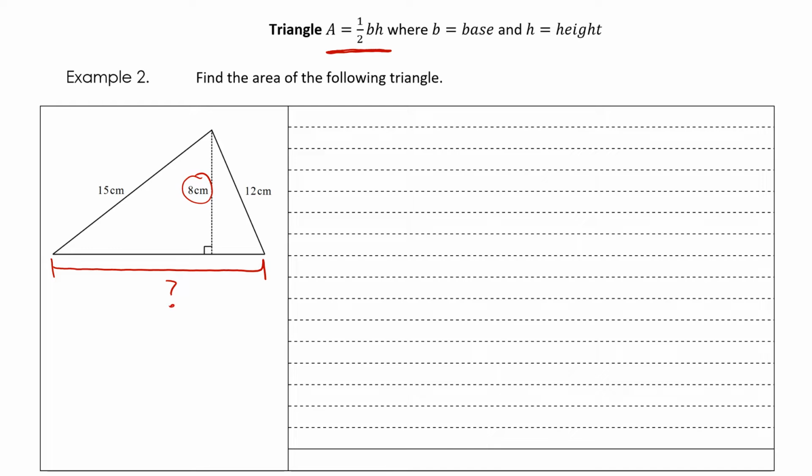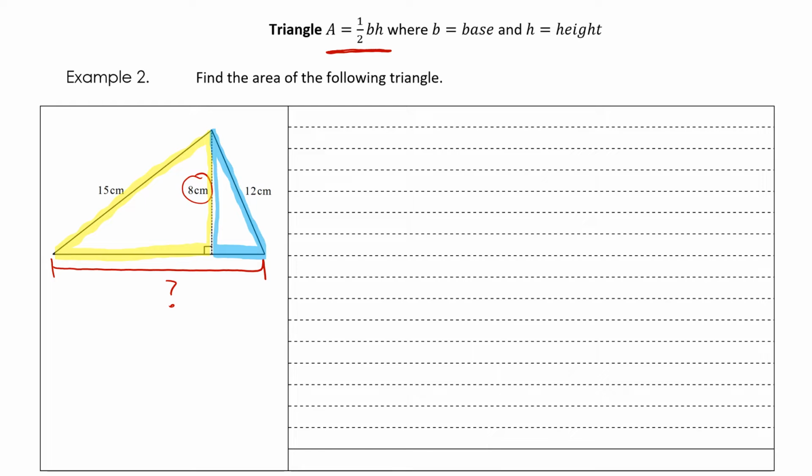All right, so what you will notice is that we do have two right-angle triangles. You have right-angle triangle 1, which we will make yellow, and we have right-angle triangle 2, which we will make blue.